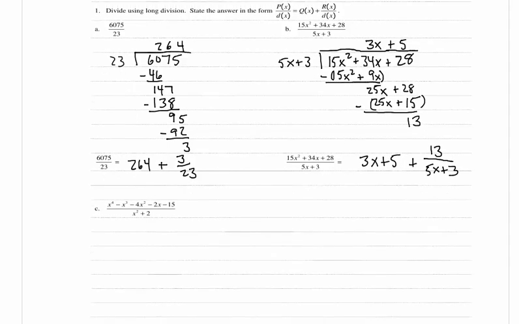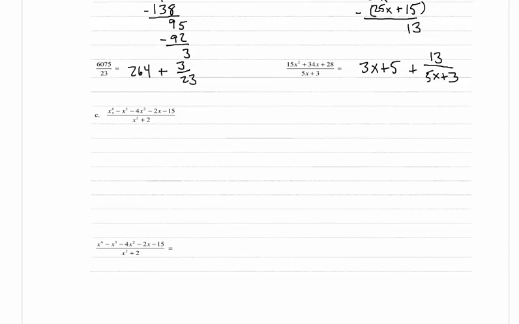In C, we have x to the fourth minus x cubed minus 4x squared minus 2x minus 15 divided by x squared plus 2. So the first thing we're going to do is write our divisor, which is x squared plus 2. And the one thing that you want to do is remember to have a placeholder for the missing factor of x.